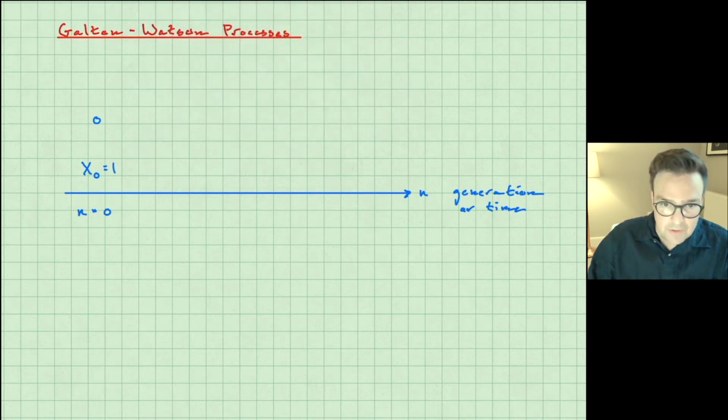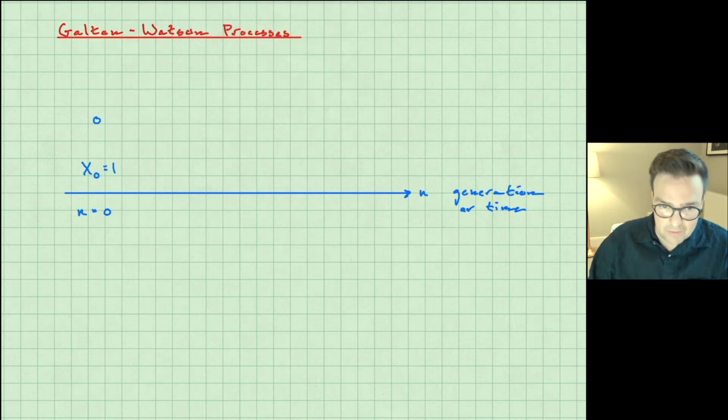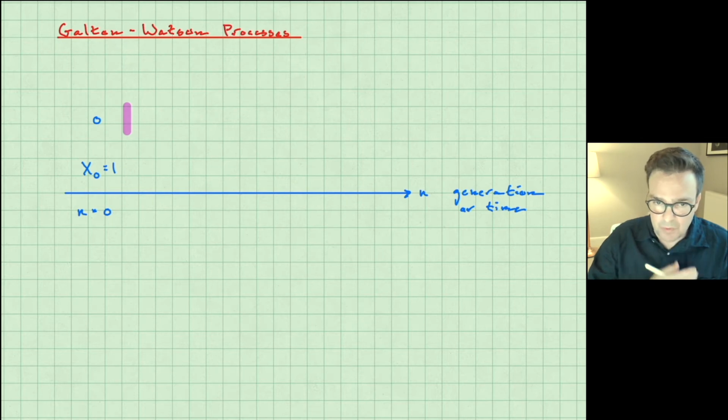This particle, or this generation, goes forth and has a chance to reproduce. Let's represent that reproduction moment by this little blob of color here. We'll suppose that this one did, and it produced 3 more objects.